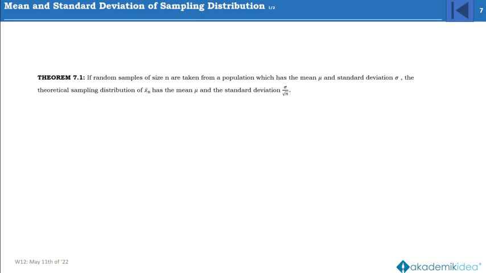Following the customary symbolism and terminology, we shall write this standard deviation as sigma subscript x bar and call it the standard error of the mean.